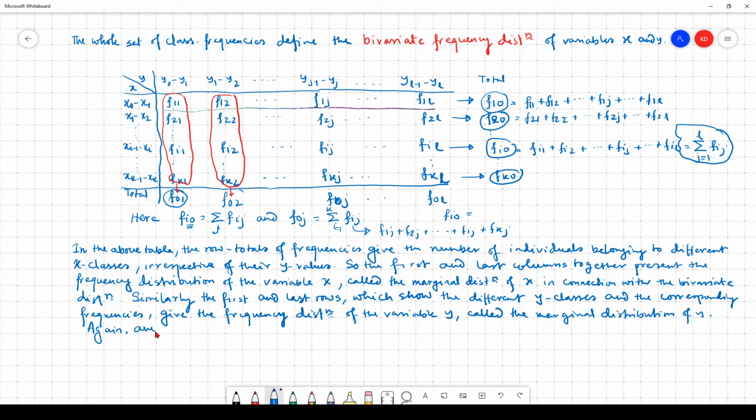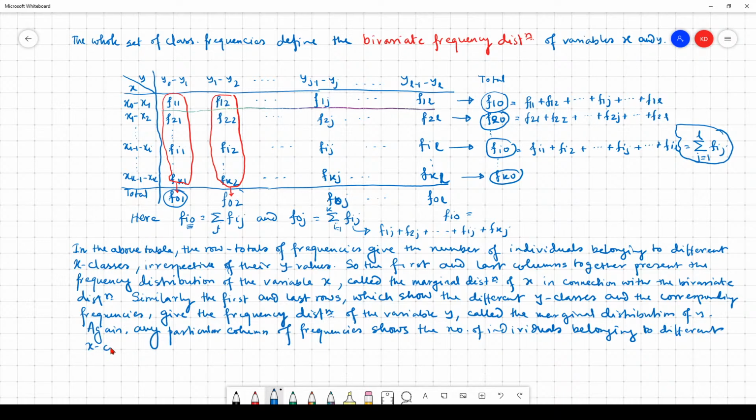Again, any particular column of frequencies shows the number of individuals belonging to different x classes for the given values of y.